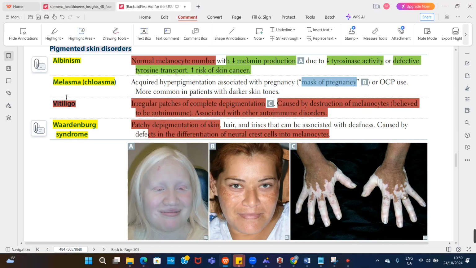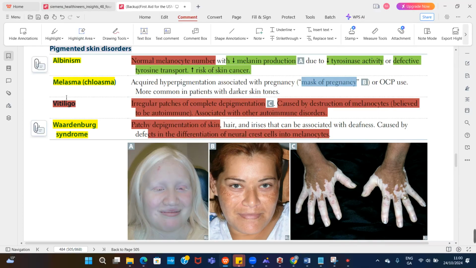If the melanocyte drops in number, the production of melanin is going to be affected. But what I want you to remember here is that the depigmentation or the hypopigmentation in vitiligo is usually patchy, not like albinism that is usually diffuse. Vitiligo is usually patchy. It's very rare for you to see somebody that will have vitiligo from head to toe.